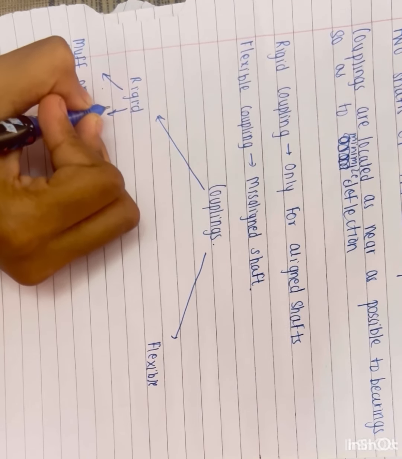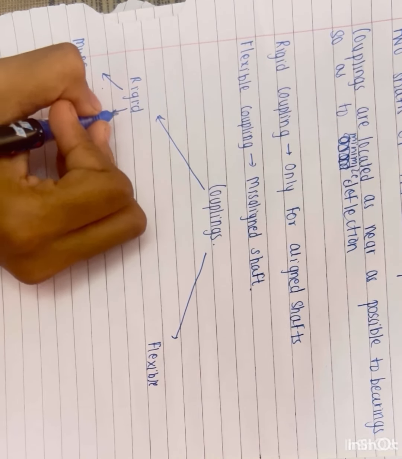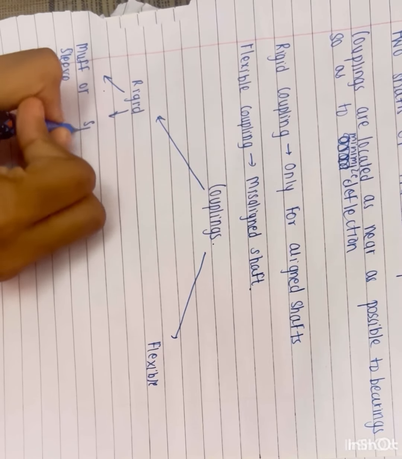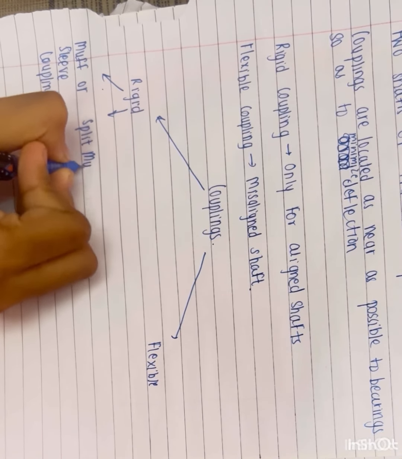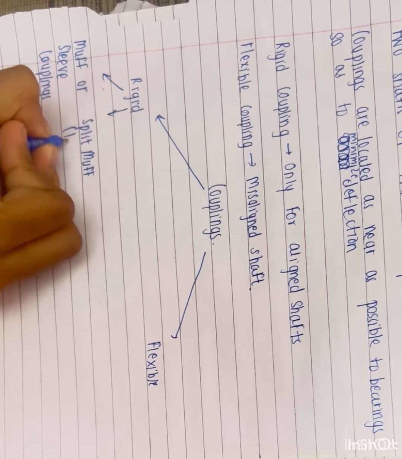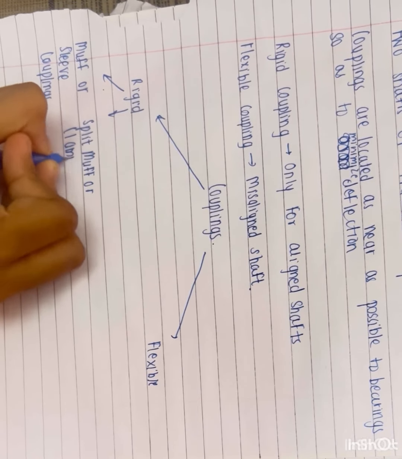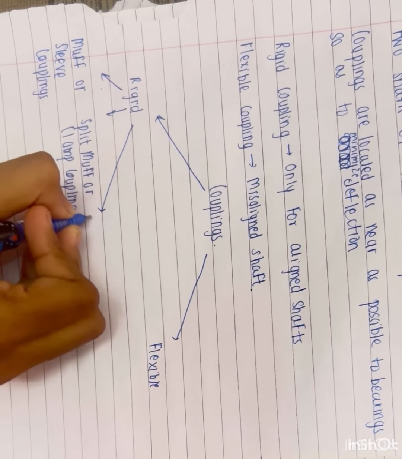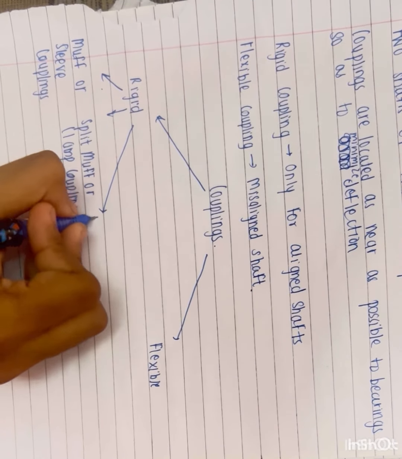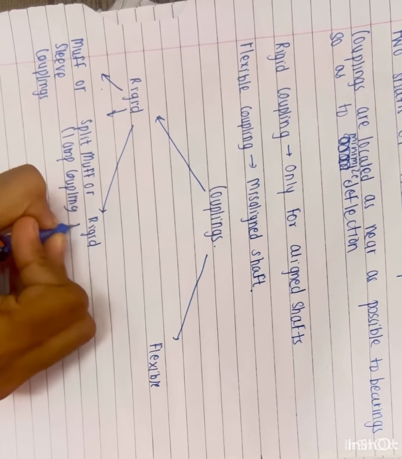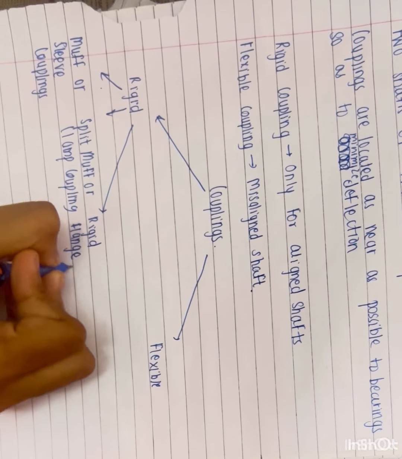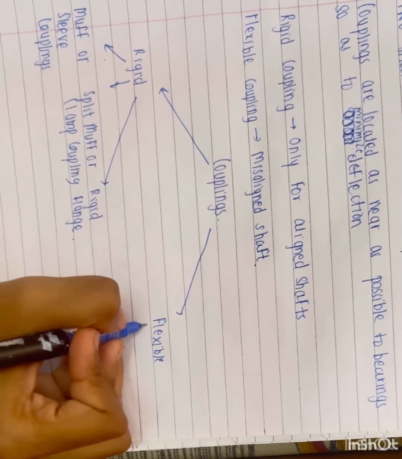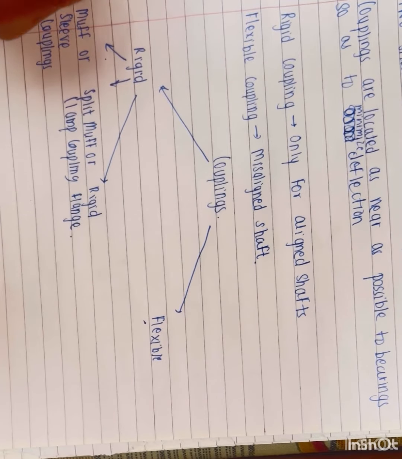Another is split muff or clamp coupling. And the third one is rigid flange coupling. And the flexible coupling also has three types.